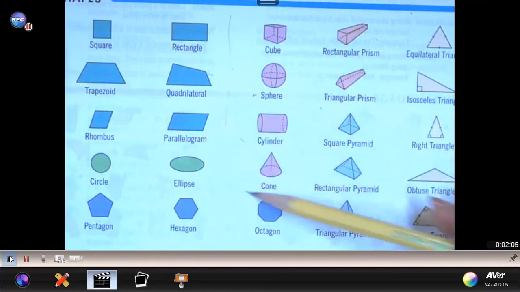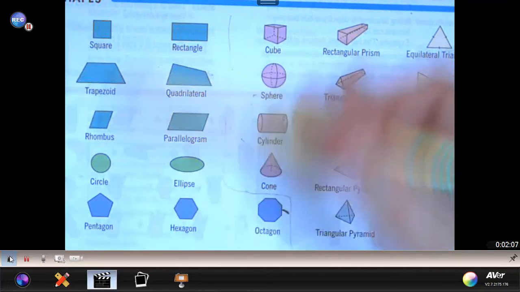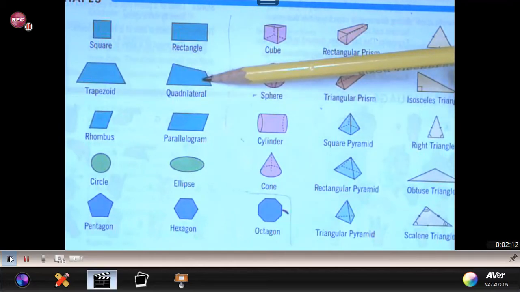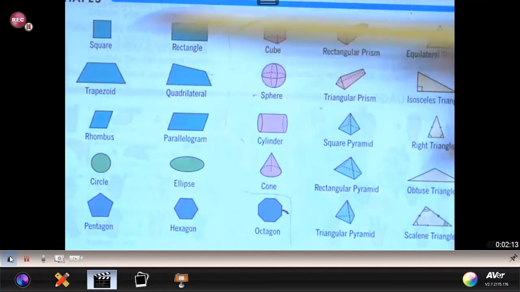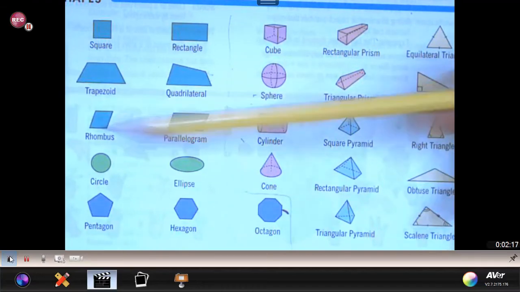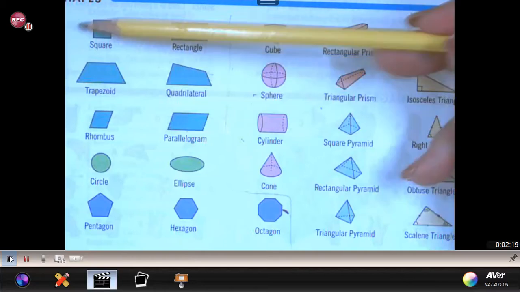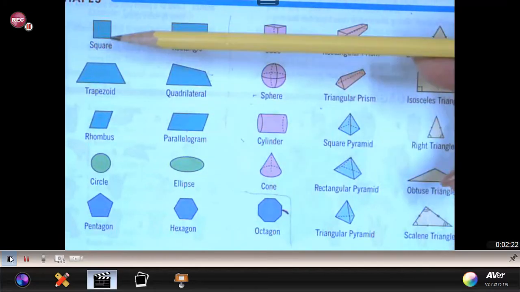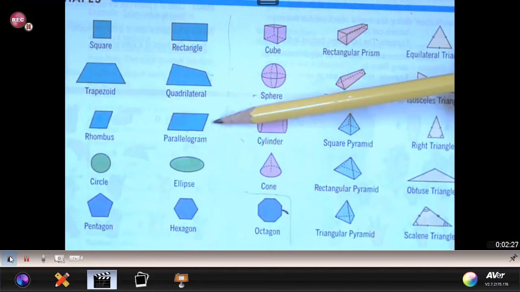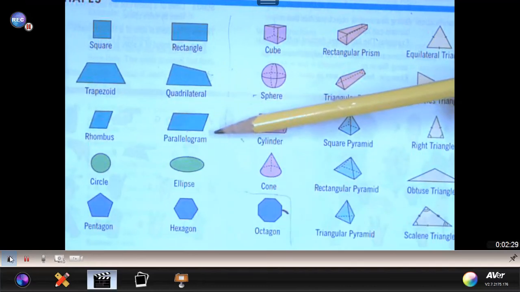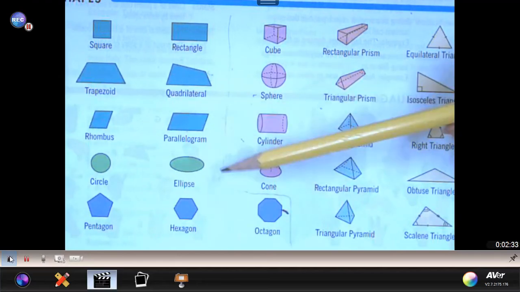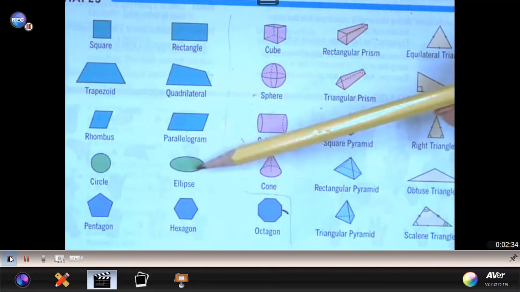So we have square, rectangle, trapezoid, quadrilateral, which is a 4-sided figure, rhombus, and parallelogram. These are all the same color because they are all quadrilaterals, which we will go into more depth as we continue in 3rd grade. You have a circle and an ellipse.